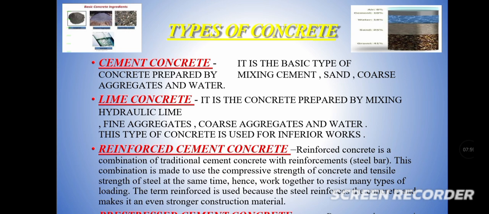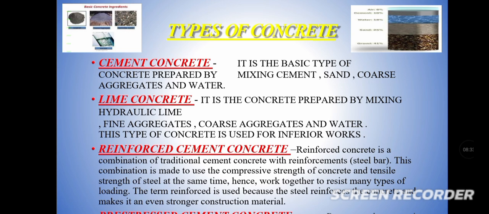Okay. Now what is reinforced concrete? So reinforced concrete is a combination of traditional cement concrete with reinforcements. That is traditional concrete, that is cement concrete mixed up with steel bars. So now you can ask me why steel bar is required. To provide durability and strength to a concrete.